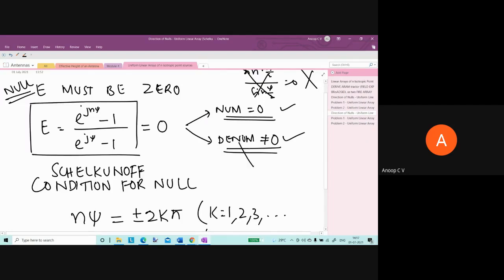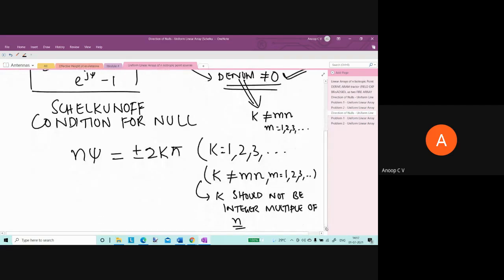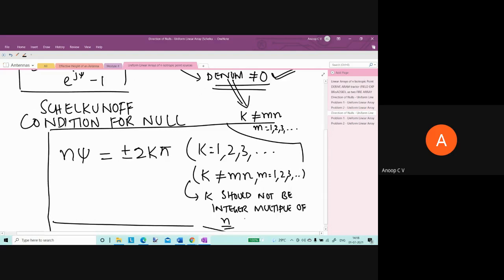So the constraint for the denominator not equal to 0 is that k should not be equal to m n, where m is equal to 1, 2, 3, etc. So the Shelkunov condition for a null is given by this. This is very important, right? You can put it inside a box. So n psi should be equal to plus or minus 2k times pi.